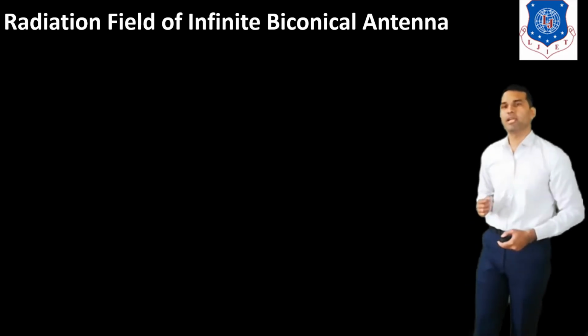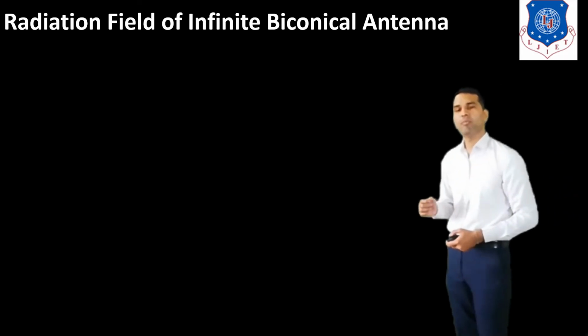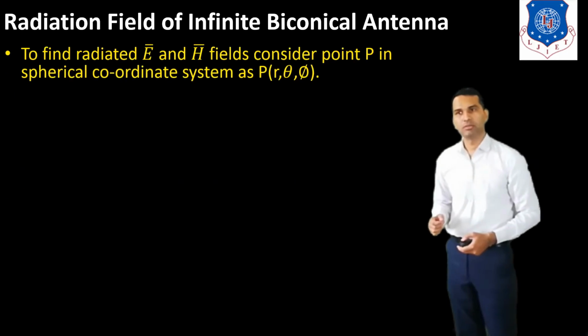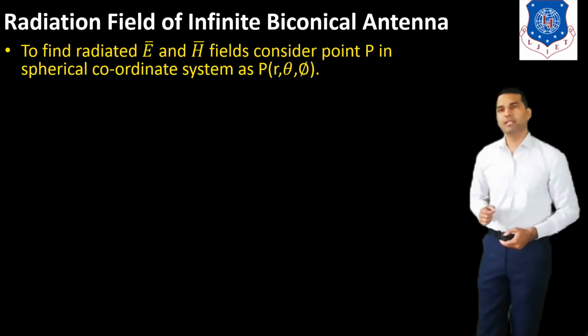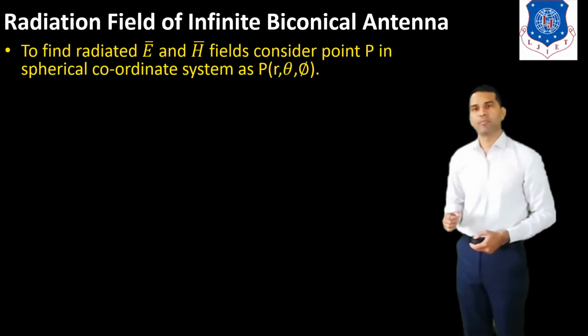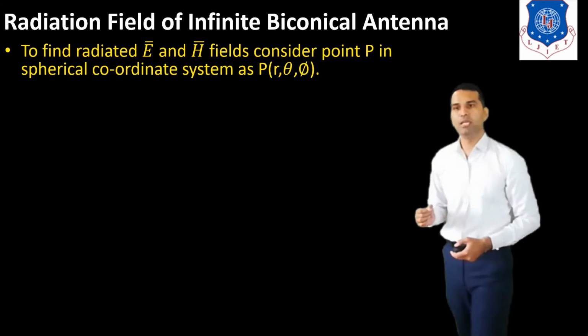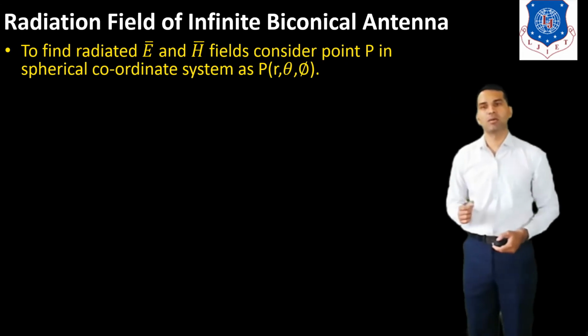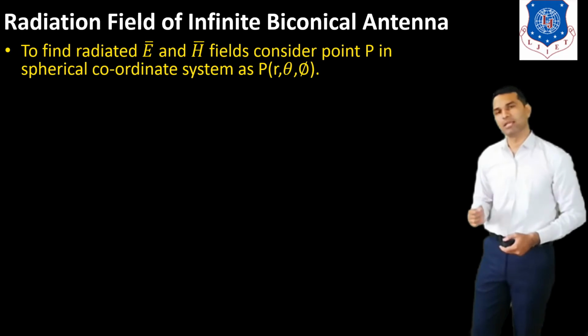Now we discuss the radiation field of the infinite biconical antenna. To find the radiated E and H field, consider point P in the spherical coordinate system as P(r, theta, phi).